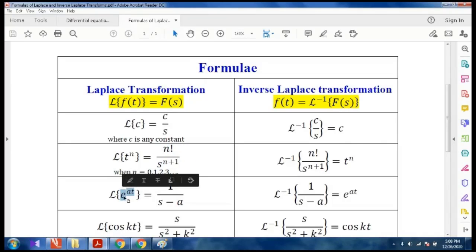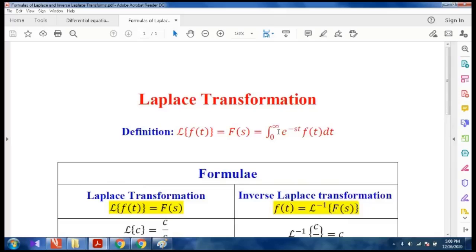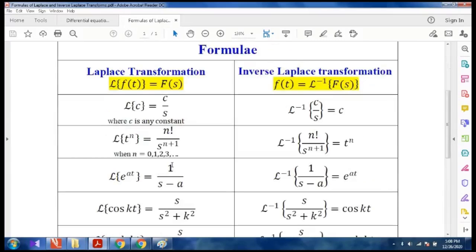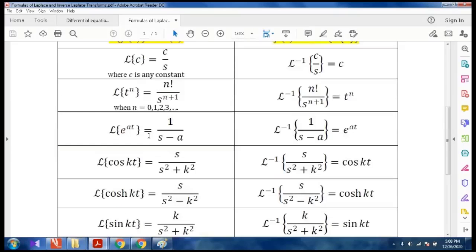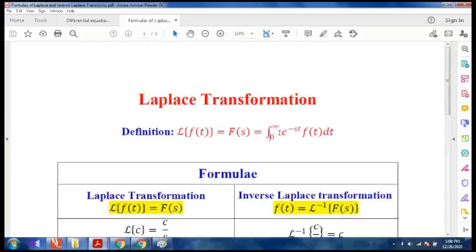How the result is coming for Laplace transform of e power at is 1 by s minus a. This is by using this formula. So all the formulas, whatever formulas I have mentioned here, can be obtained from the main definition.